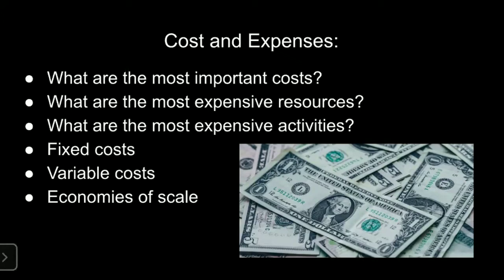What are the most expensive resources that you're utilizing right now? What are the most expensive activities that you are trying to achieve? So if you can understand these three questions, you can figure out what's the most important thing you need to do and how can you do it for the least expensive way.